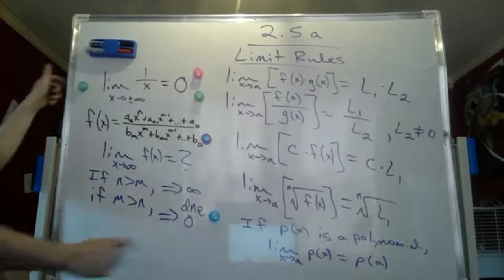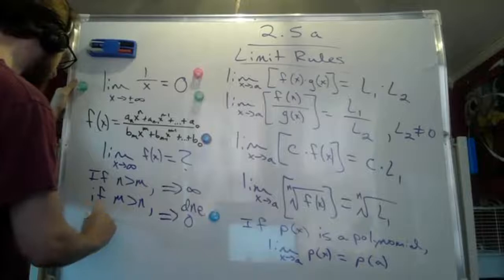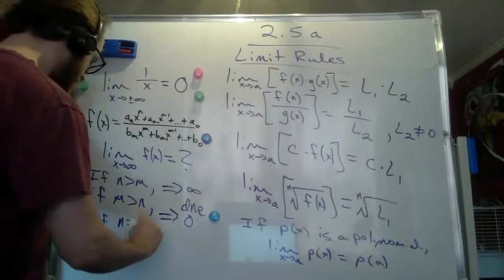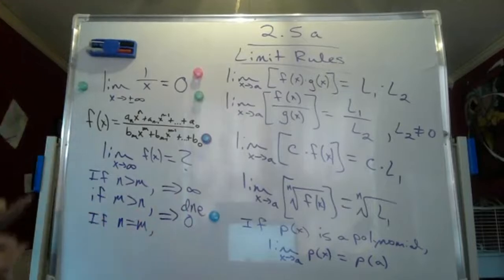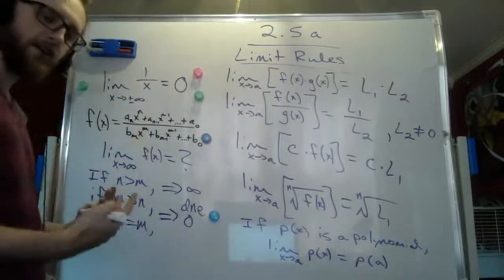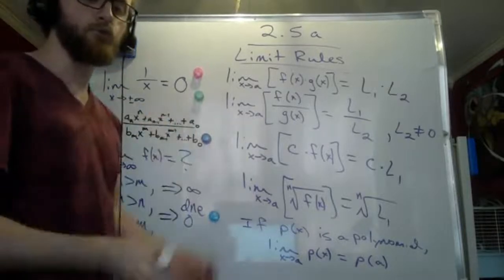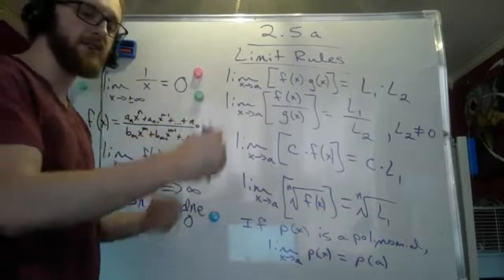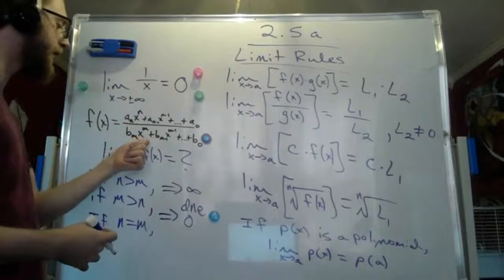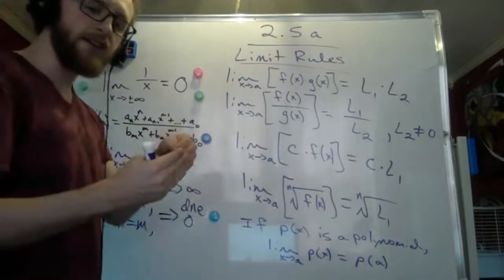But what if they equal each other? That's the last case we'd like to discuss here. If n equals m, so we have the same power in the numerator and denominator, then what happens? Well, in that case, the top and bottom are increasing at the same rate. Neither one is increasing faster than the other. And so these infinities, in a sense, because we're dividing, end up taking each other out.